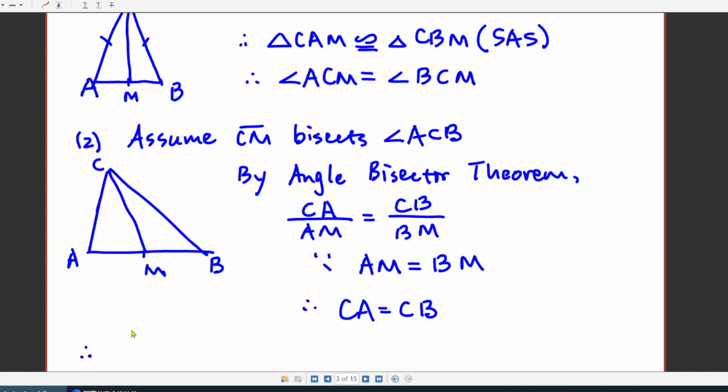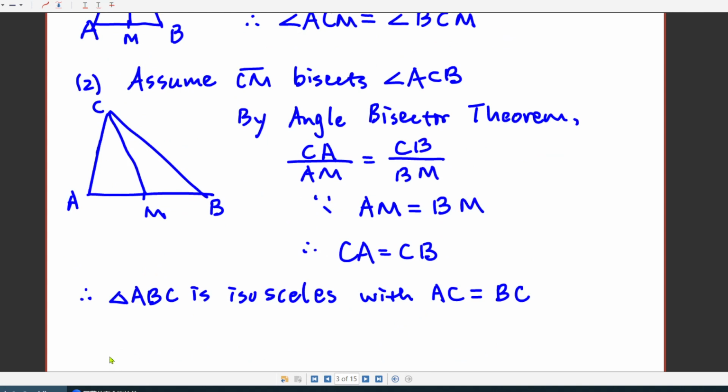Therefore, we can make the final statement. Triangle ABC is isosceles triangle with AC equals BC if and only if CM bisects angle ACB, right?